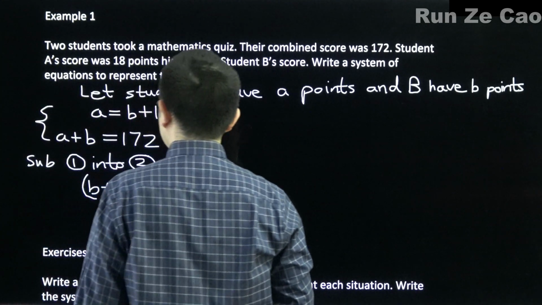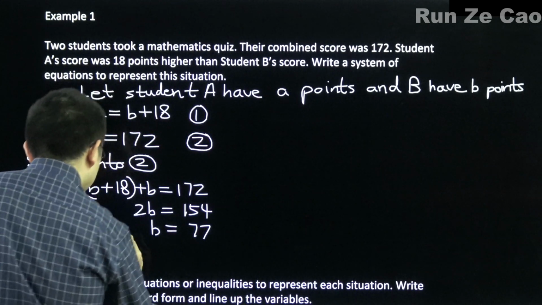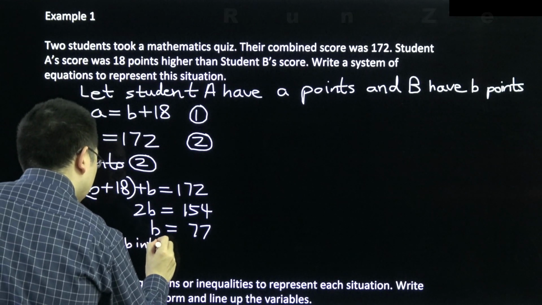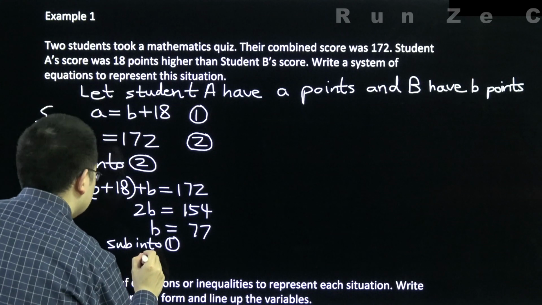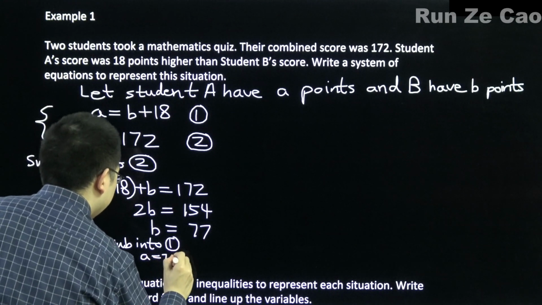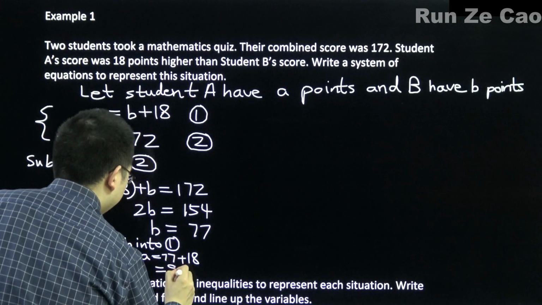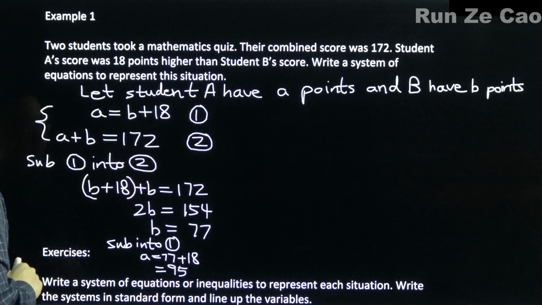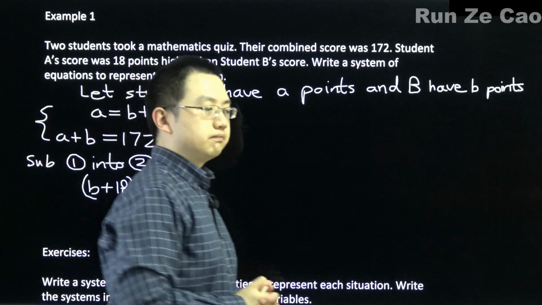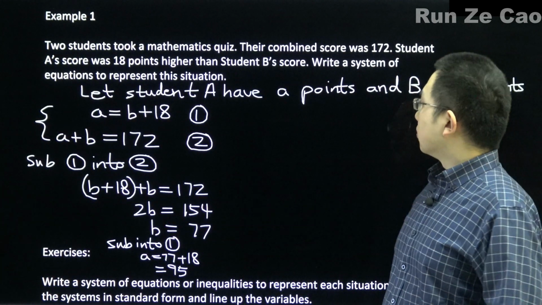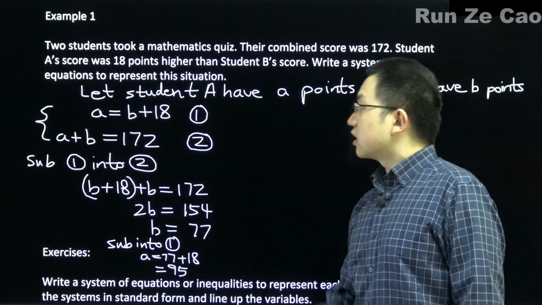Then we sub into 1, and we get A is equal to 77 plus 18, which is equal to 95. Hurrah. This is the sort of thing you can do to solve a system of equations.